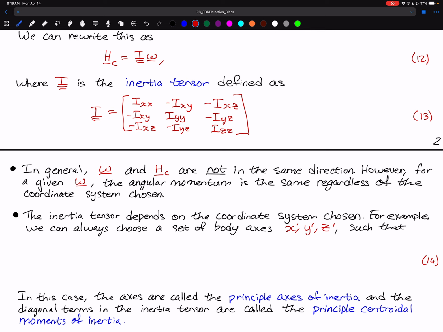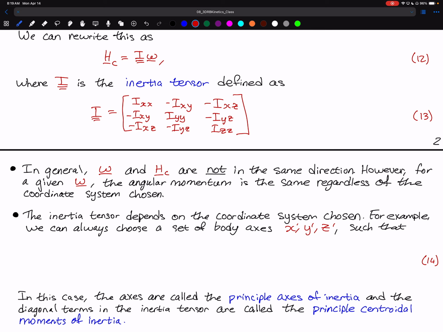So in general, omega and h sub c are not in the same direction. However, for some given omega, the angular momentum is going to be the same regardless of what coordinate system we choose. The inertia tensor depends on the coordinate system we choose.